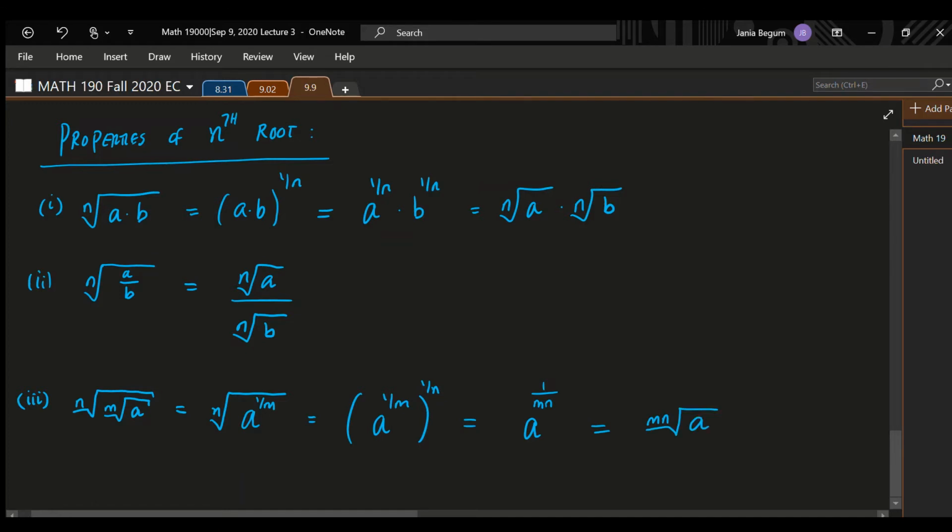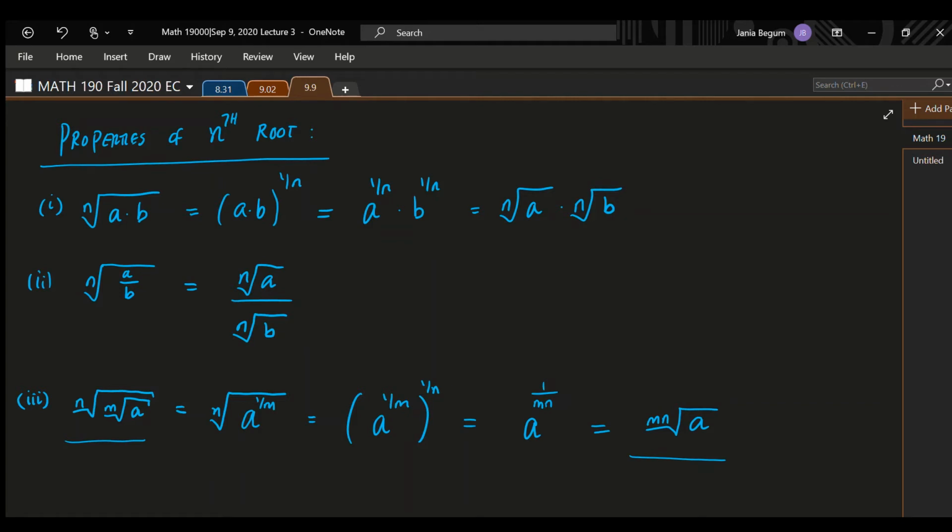So your m and n become the index. So you're taking the m times nth root of a. So pretty much you're allowed to do that. If you're given this, that's how we rewrite it. Okay. So any questions on this? Okay, hopefully this makes sense.